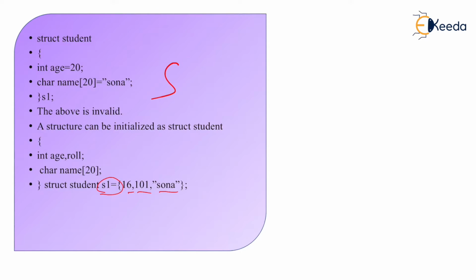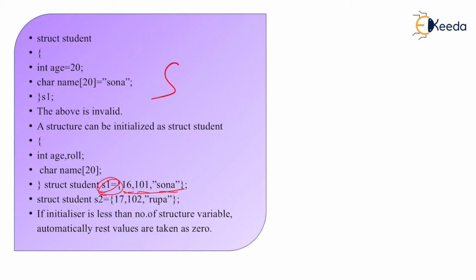But these values are for variable s1. We cannot give values to the structure itself. Or we can say struct student s2 is 17, 102, and Rupa. If the initializers are fewer than the number of structure members, the remaining values are automatically taken as 0.